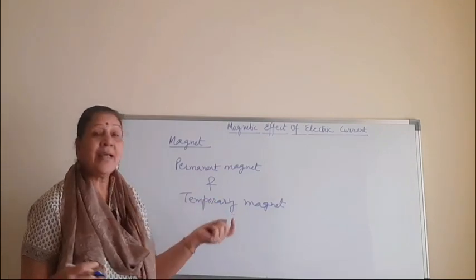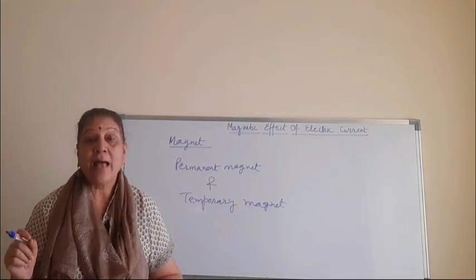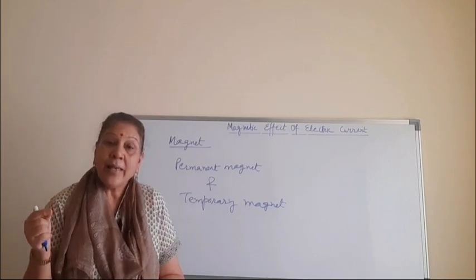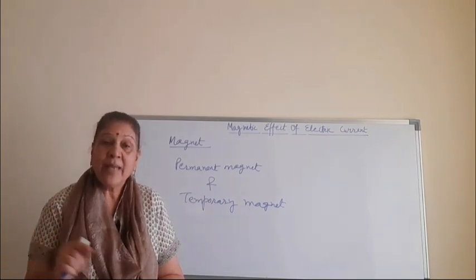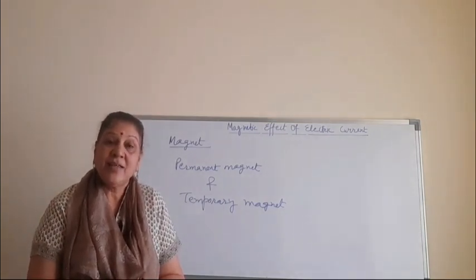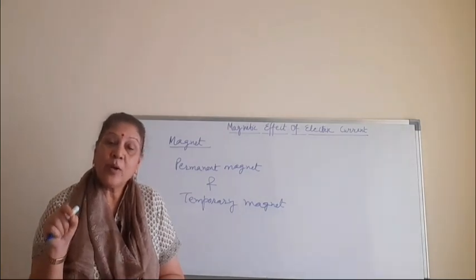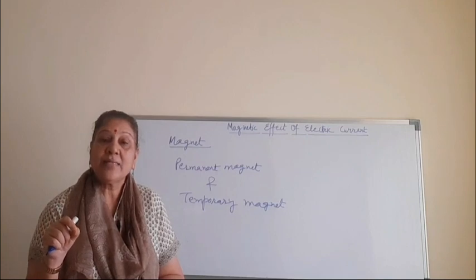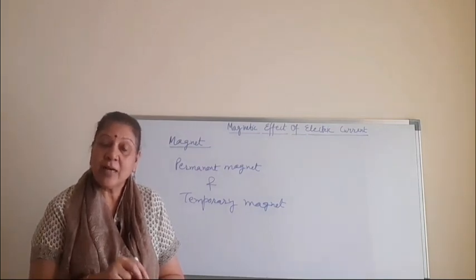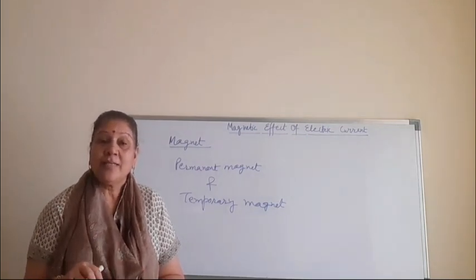We can magnetize an object made of steel or iron. If you take a small iron nail or a paper pin, and rub it against a permanent magnet, you'll see that the small thin nail or pin also acquires the property of magnetism. Closer to the iron filings, the filings will stick to that small piece.